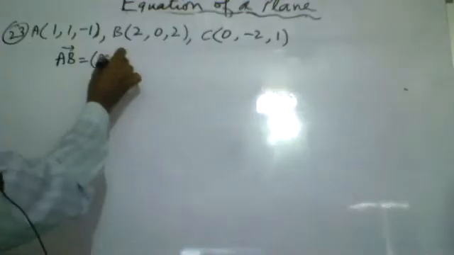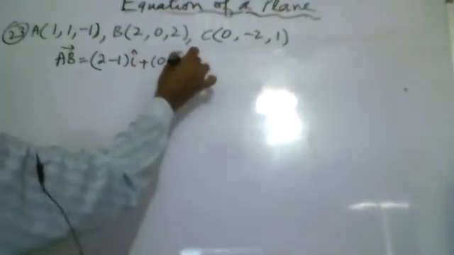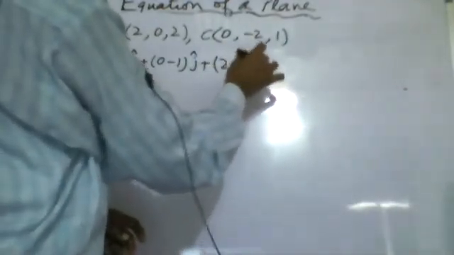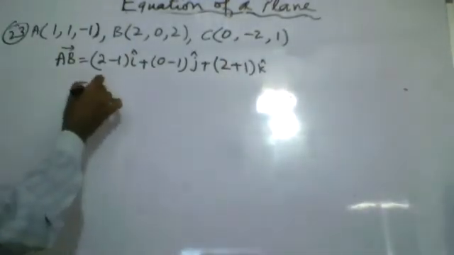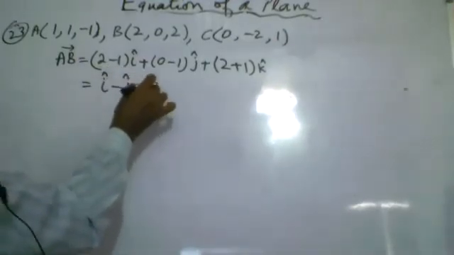Vector AB: 2 minus 1 I, plus 0 minus 1 J, plus 2 minus minus 1, that is 2 plus 1, K. So vector AB will become I minus J plus 3K.